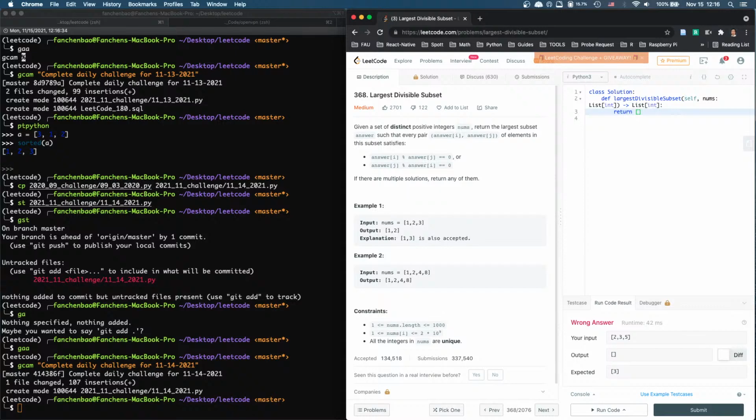Okay, so divisible, which means if I have one value, it's going to be that one value. If I have two values, then I'm going to see if they're divisible.